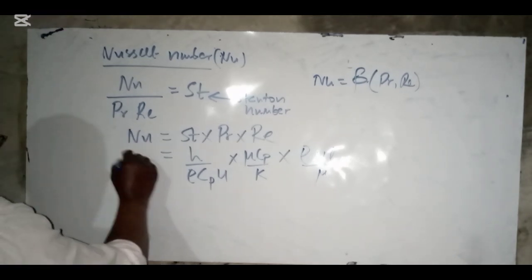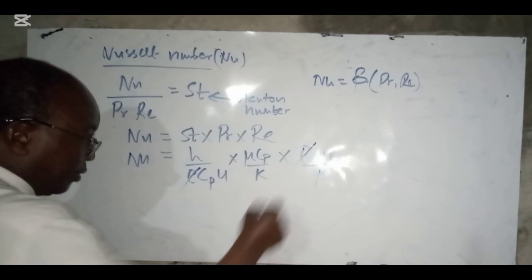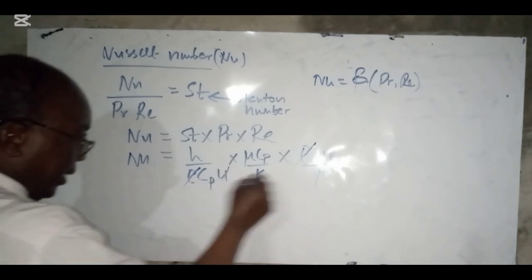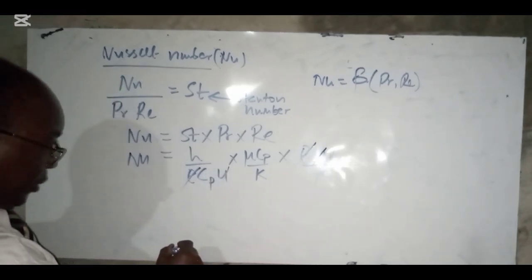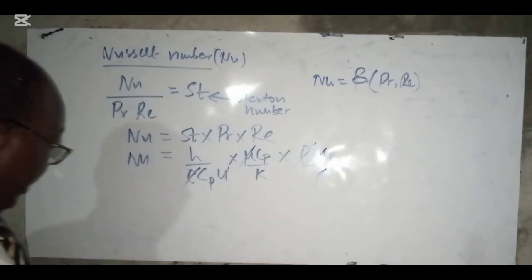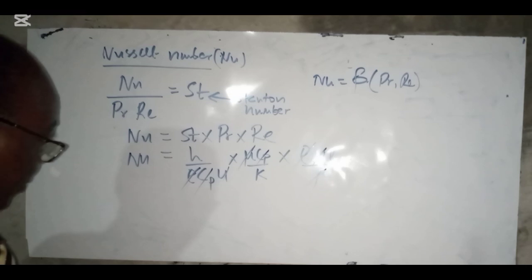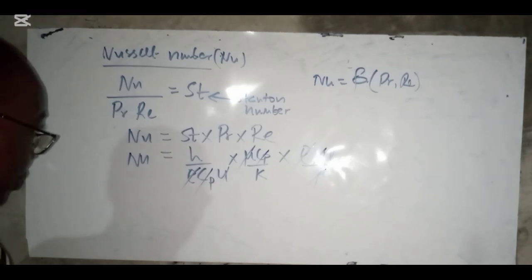So what do we get? The rho will cancel the rho, the velocities will cancel. What else cancels? The dynamic viscosity will cancel, the Cp will cancel.